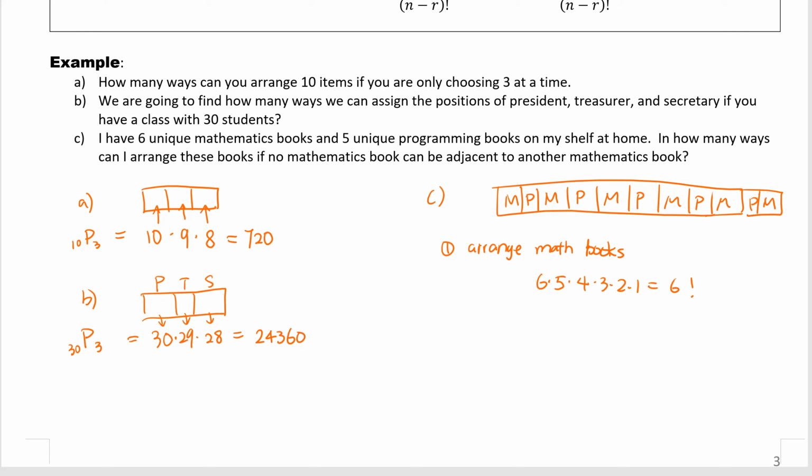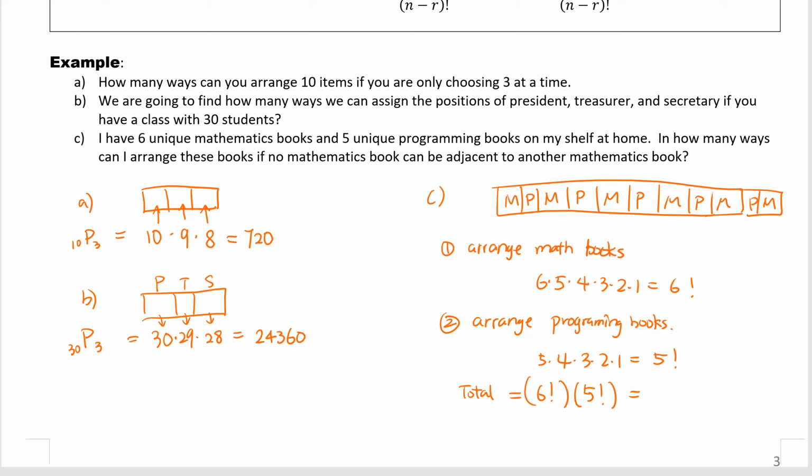Okay, so far so good. All right, next, we're going to arrange the programming books. There are 5 spots, so 5, 4, 3, 2, 1. That's 5 factorial. And that's why the total number is 6 factorial times 5 factorial.